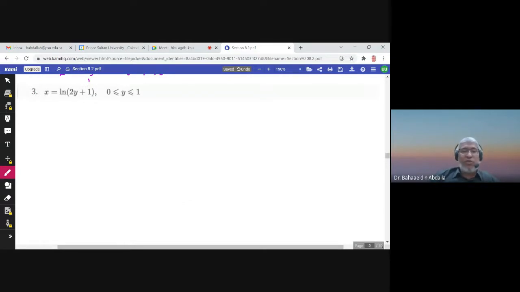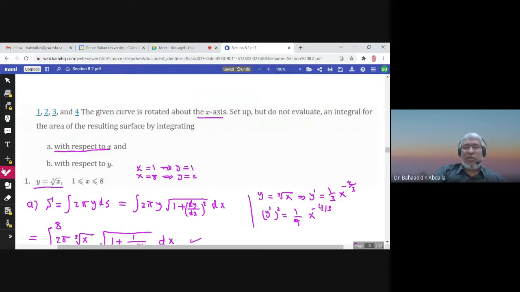Another question, where the limits of y are given, but he asked me to solve first the integration with respect to x. And remember, the rotation is about the x-axis, and this is what is important in the surface area.